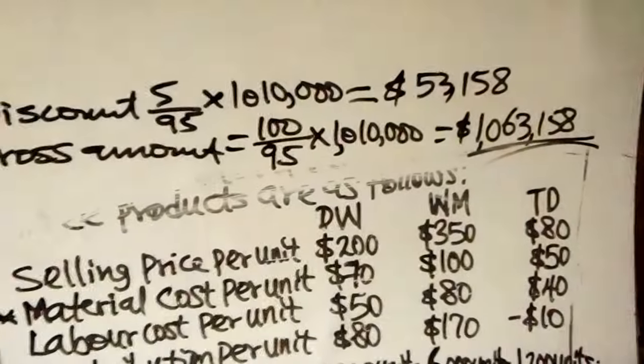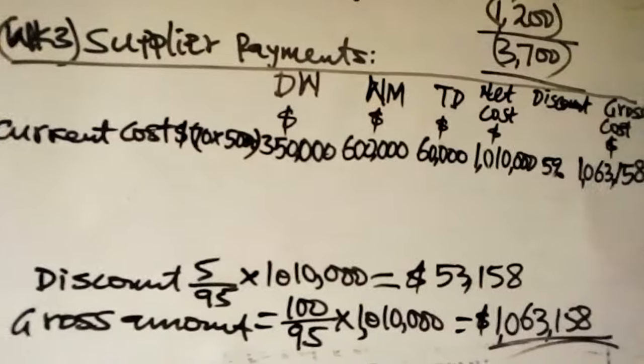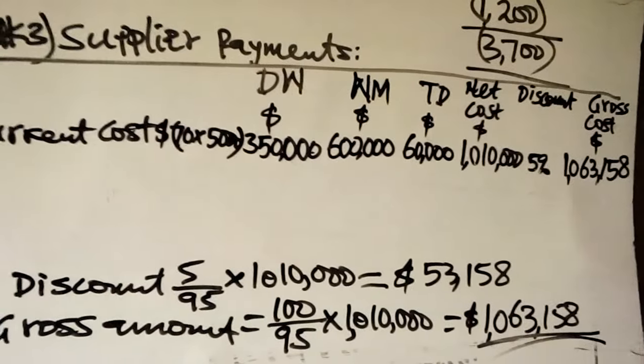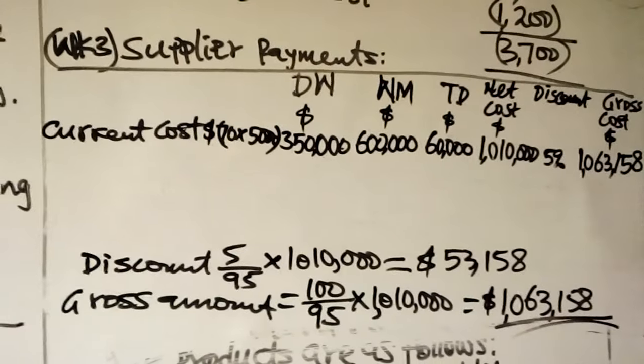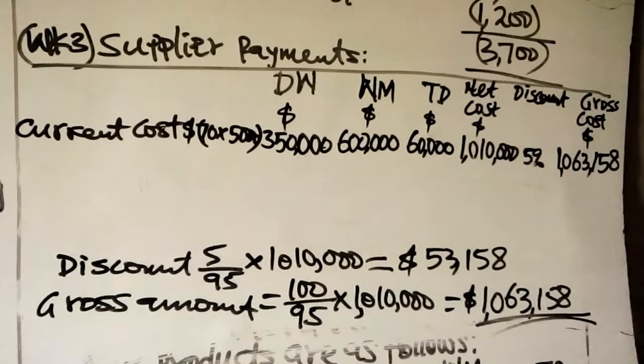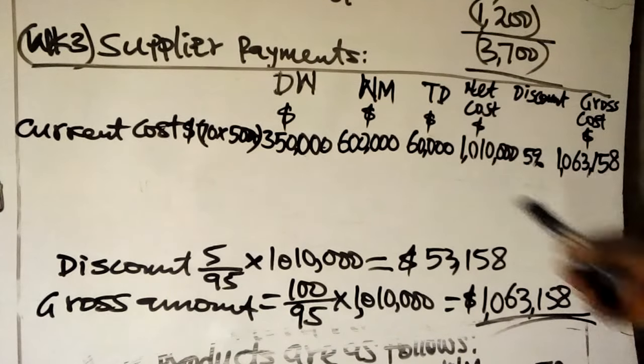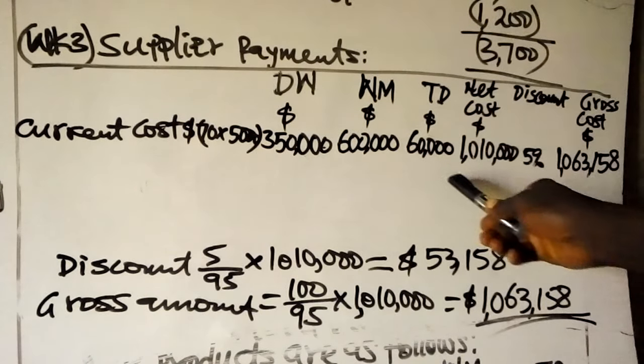So that means the cost you incur on material for TD would be saved if you decide to cease the production of TD. So how much is the cost that will be saved? The cost on TD is 60,000.